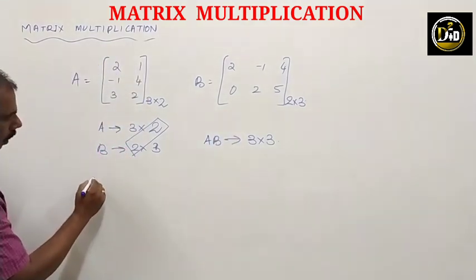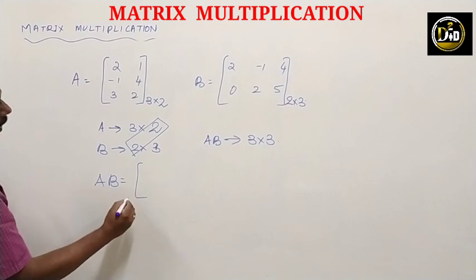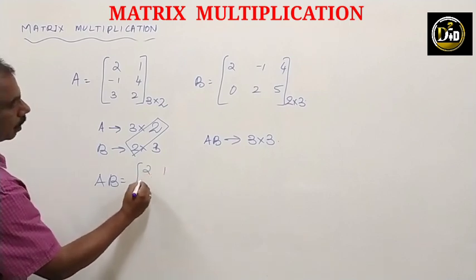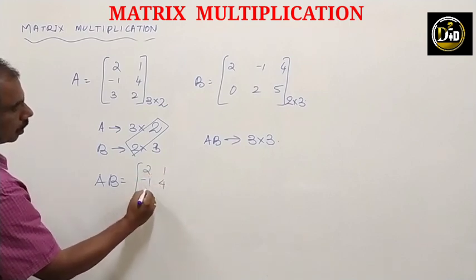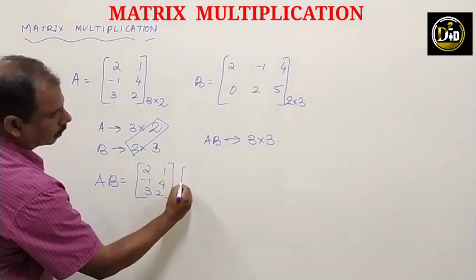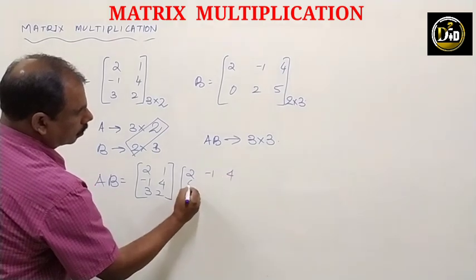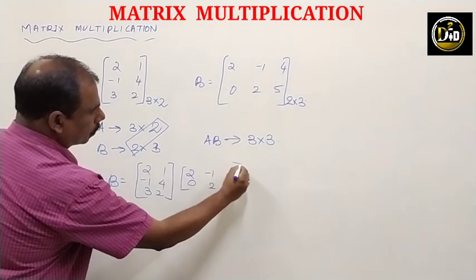Now let us find the product. A into B is equal to matrix 2, 1, minus 1, 4, 3, 2 into matrix 2, minus 1, 4, 0, 2, 5.